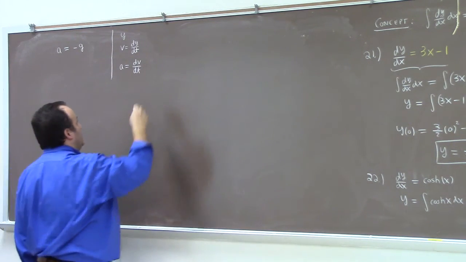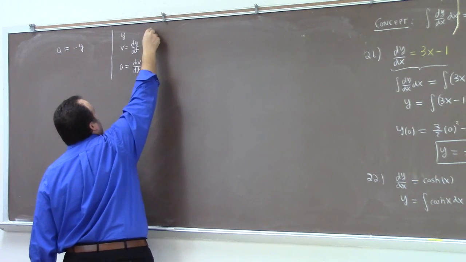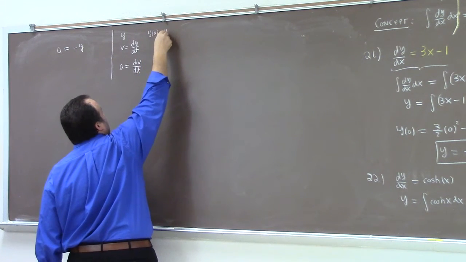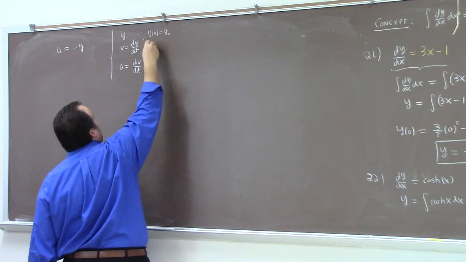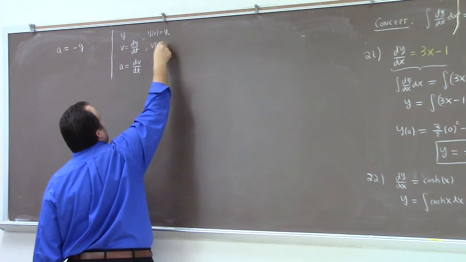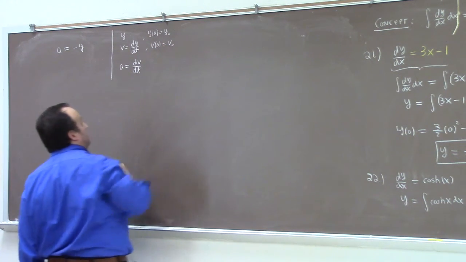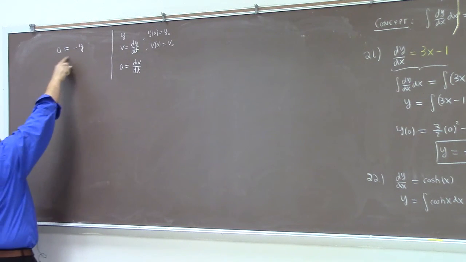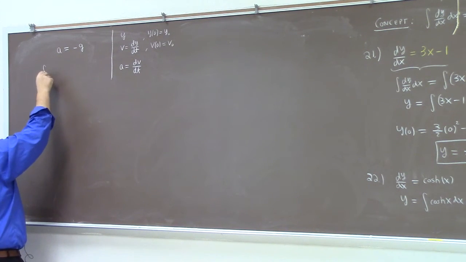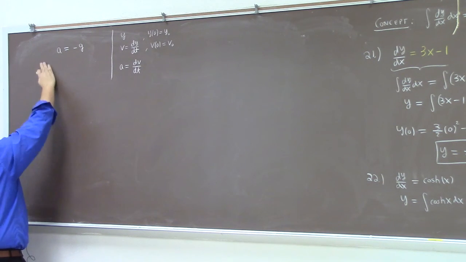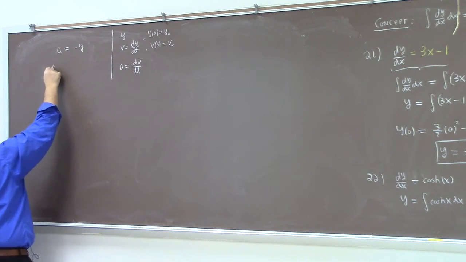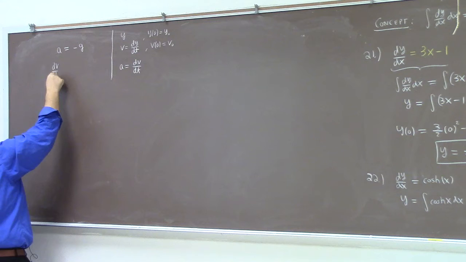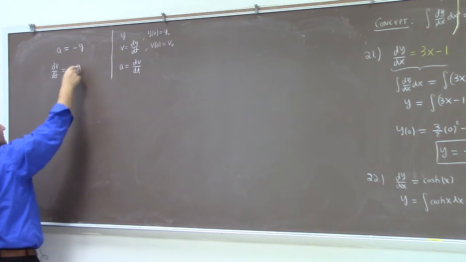Let's assume that y of time 0 is y naught, and let's assume that velocity at time 0 is v naught. So if you integrate this, what does it give you? a is dv dt, which is minus g.